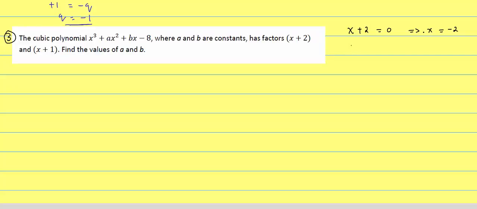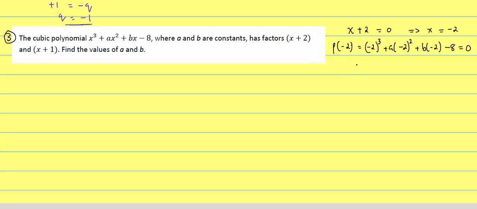Now plugging this value of x into the polynomial, I will have p of negative 2 being equal to negative 2 cubed plus a times negative 2 squared plus b times negative 2 minus 8, and that should be equal to 0 since x plus 2 is a factor.